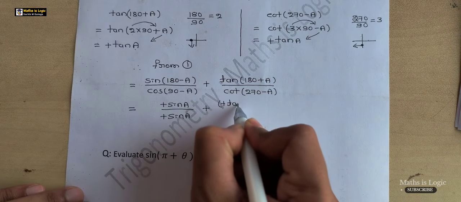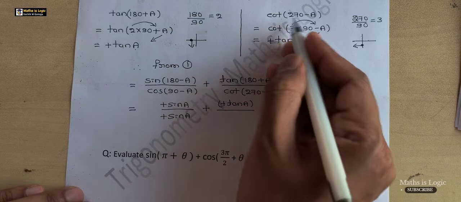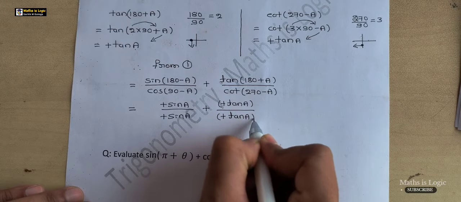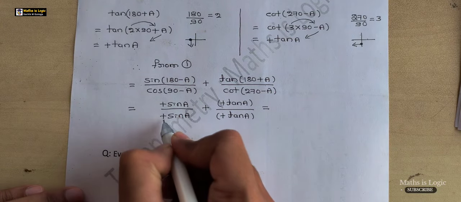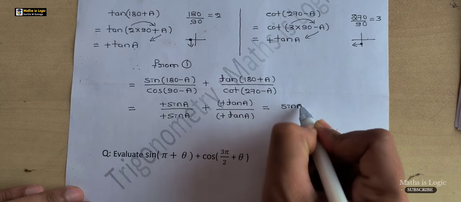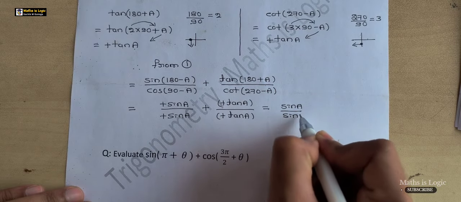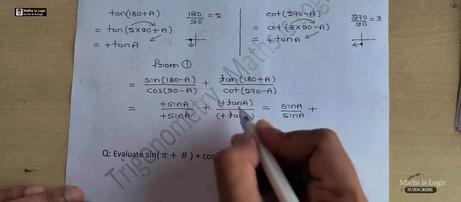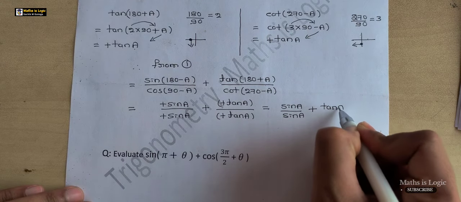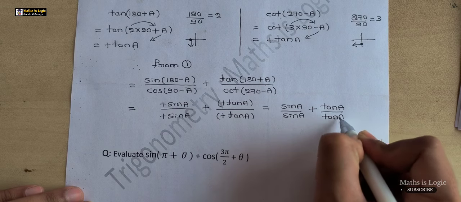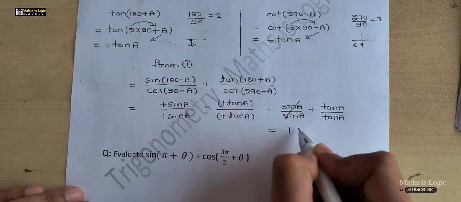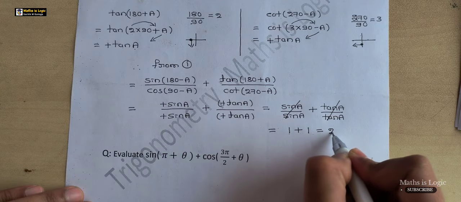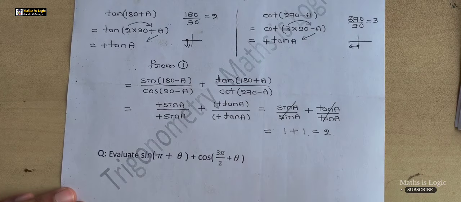So plus tan a divided by cot 270 minus a, which is again plus tan a. So plus divided by plus is plus. So what is the remaining value? Sine a divided by sine a, plus divided by plus is plus, plus into plus is again plus. Remaining is tan a divided by tan a. So cancel sine and sine, remaining is 1, plus cancel tan and tan, remaining value is 1. Therefore 1 plus 1 is 2. So this is the final answer.